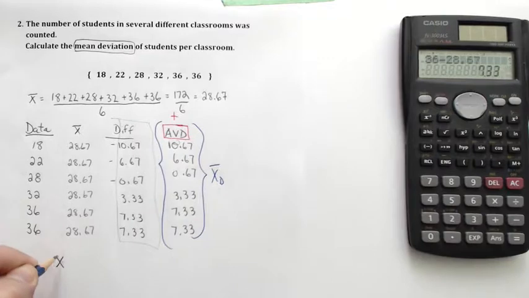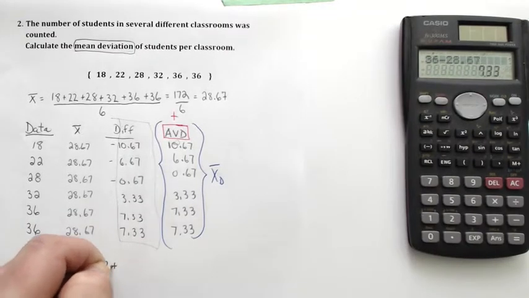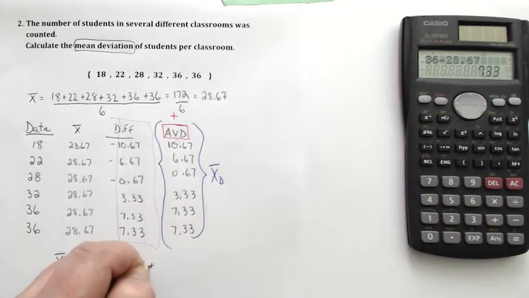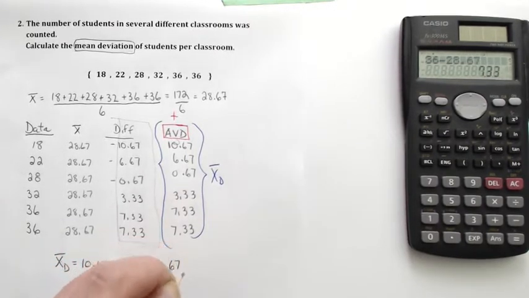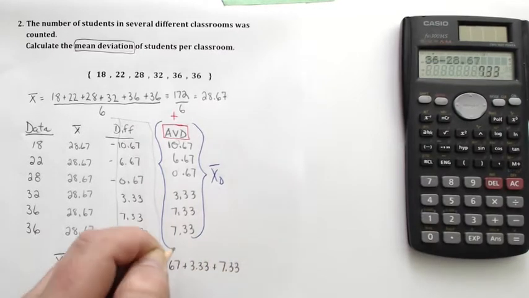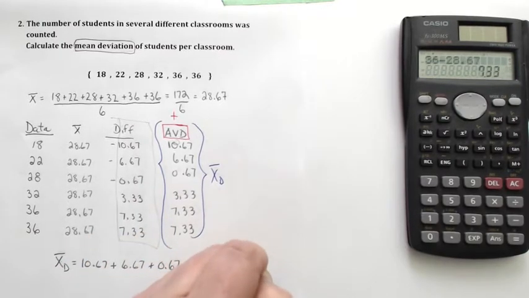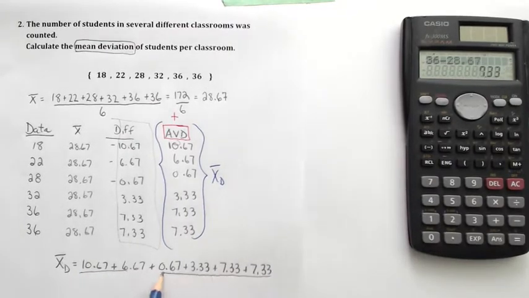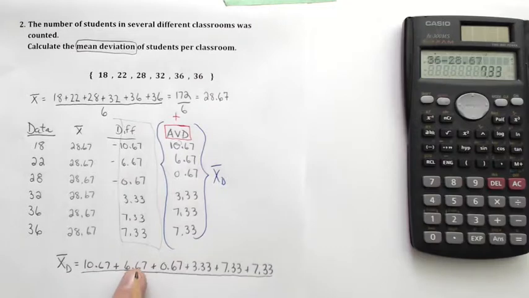So mean deviation will be equal to 10.67 plus 6.67 plus 0.67 plus 3.33 plus 7.33 plus 7.33, and once I've got all of those numbers, I'm going to divide by 1, 2, 3, 4, 5, 6.